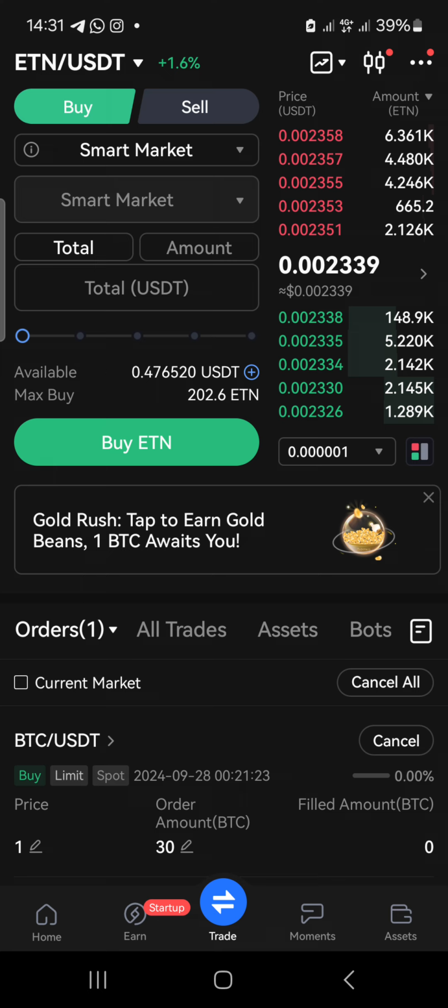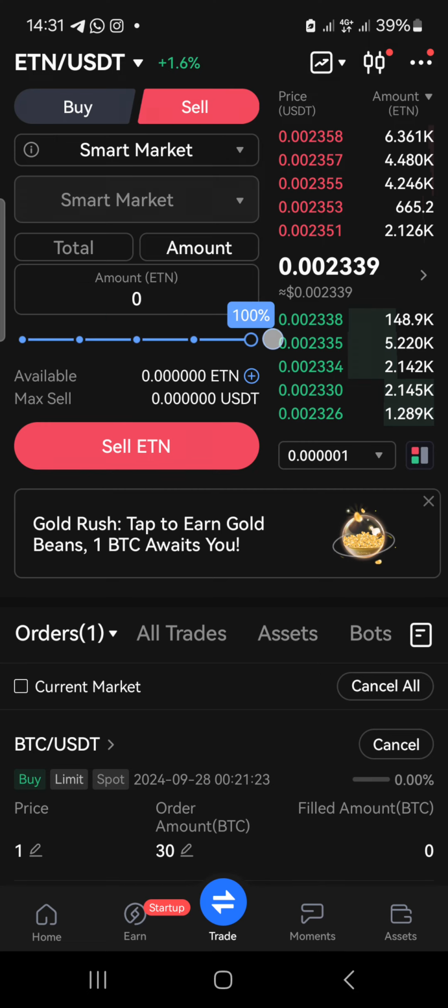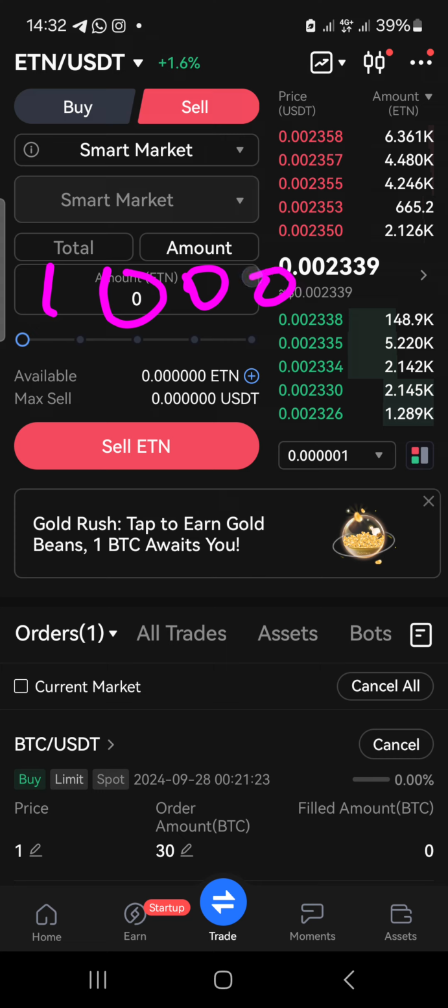After buying, if I want to sell, I click the sell side of it, still leaving it at market. If I want to sell instantly, I can drag this to the end, like I want to sell everything I have, or manually input here how many units I want to sell. Let's say I want to sell 1000 units, so I manually input it here, then hit the sell button, and I'm going to be able to sell.